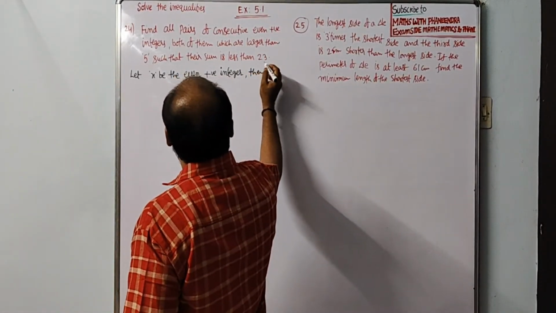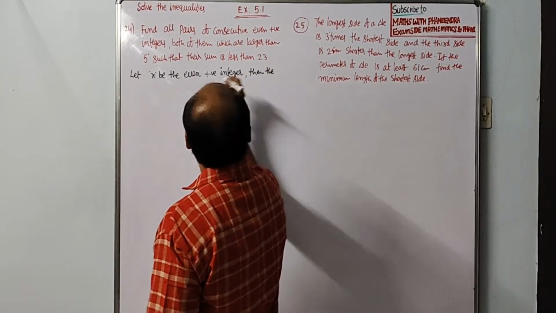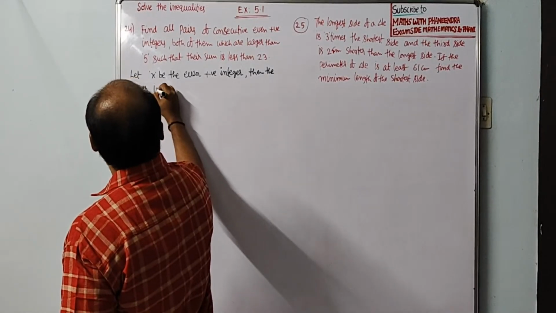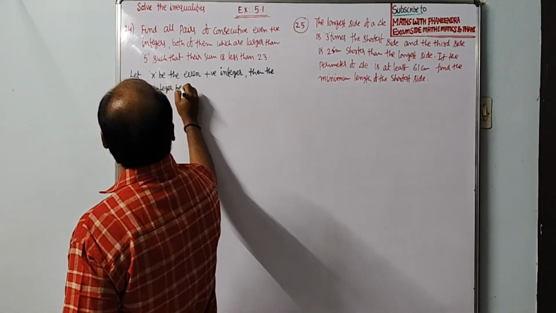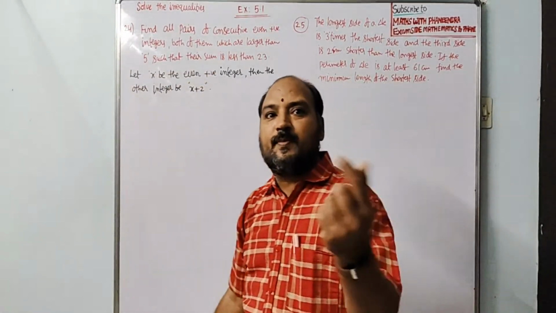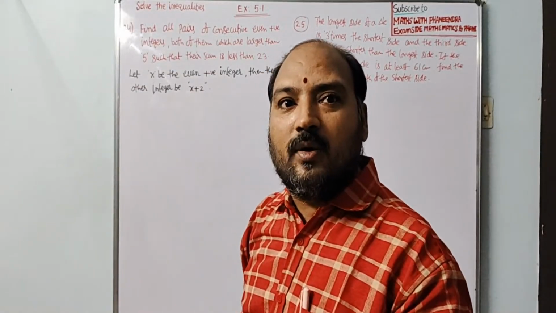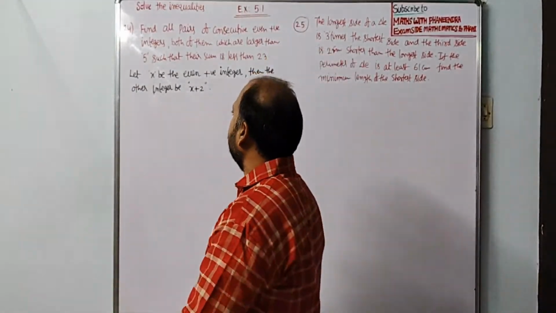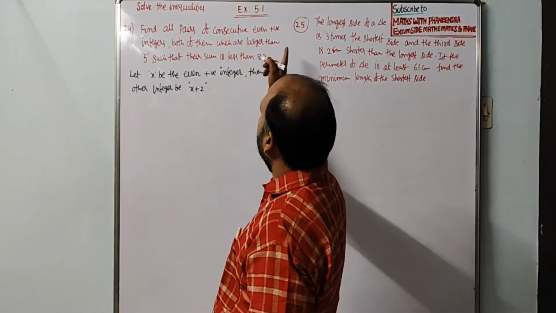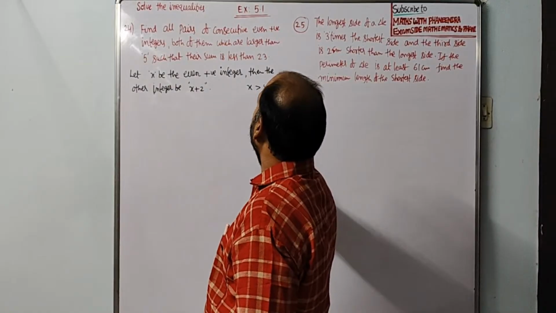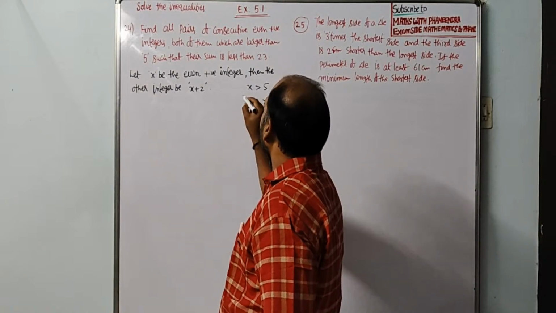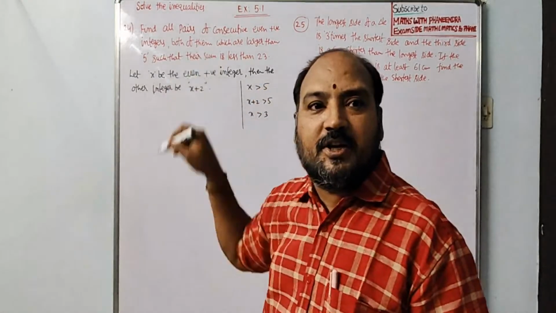Then the other integer will be x plus 2. If x is 2, x plus 2 is 4. If x is 4, x plus 2 is 6. Like this, even positive integers, both of them larger than 5. x is greater than 5 and x plus 2 is greater than 5. We can write it as x is greater than 3. So this is also given information from the data.